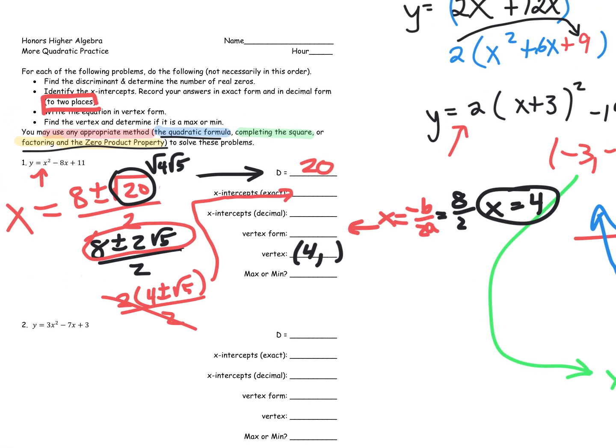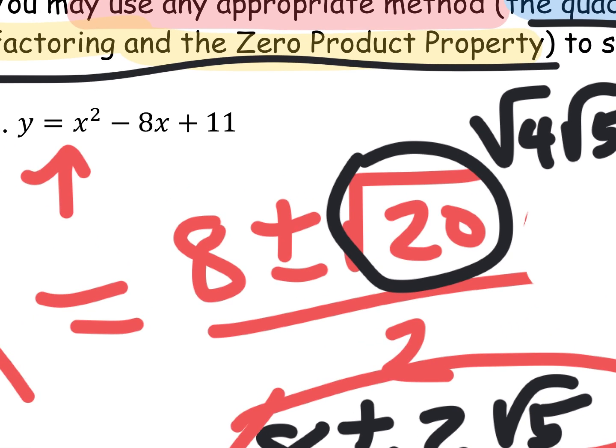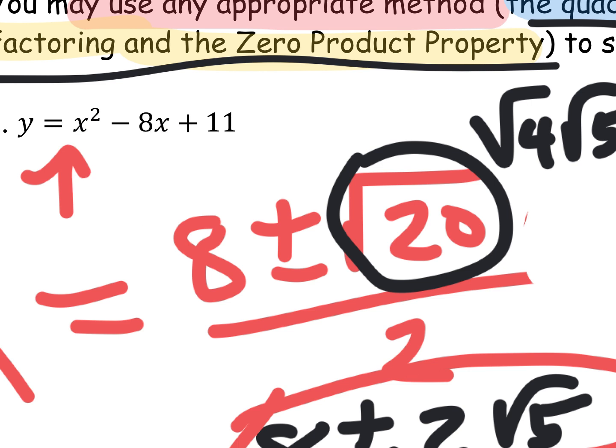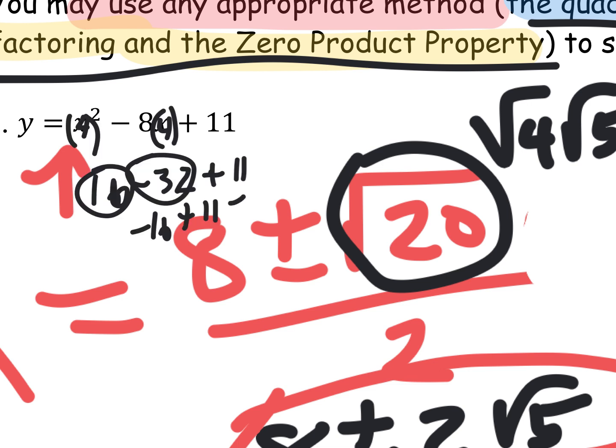But I'm going to go put 4 back in the original problem. 16 minus 32. You starting to notice that pattern I told you about, where these are always opposites of each other and one's double the other? So negative 16 plus 11, final answer, negative 5.